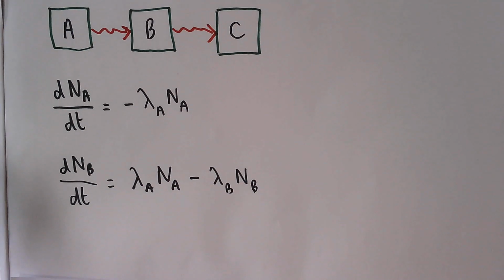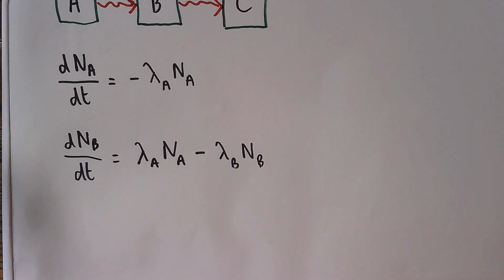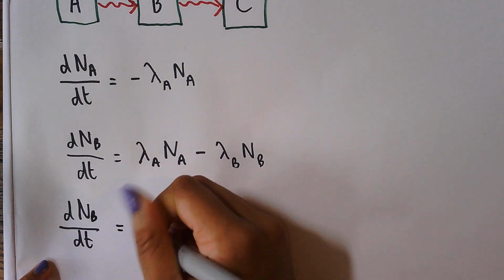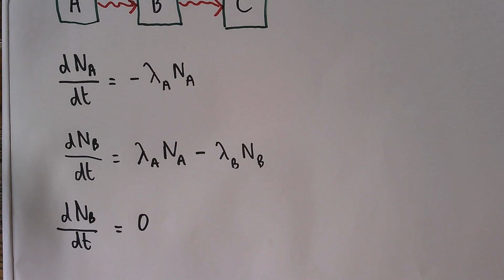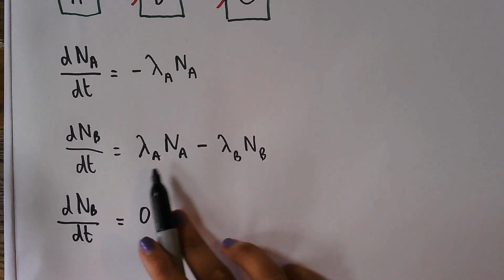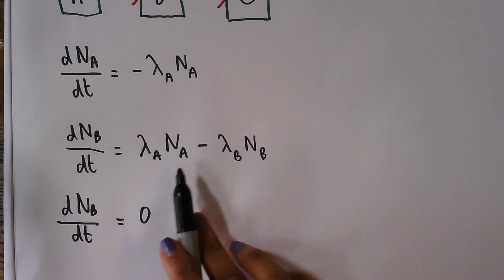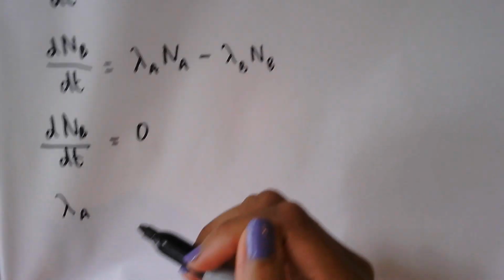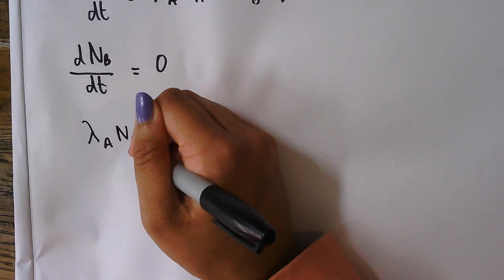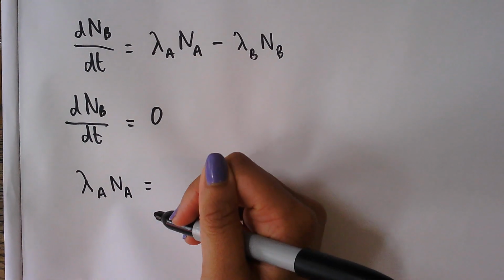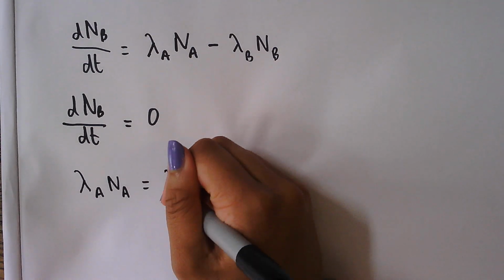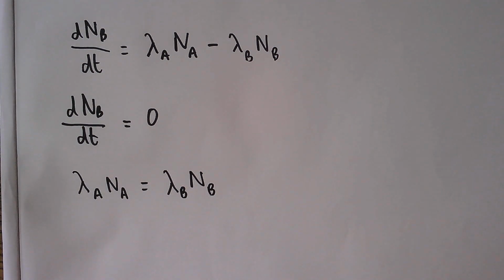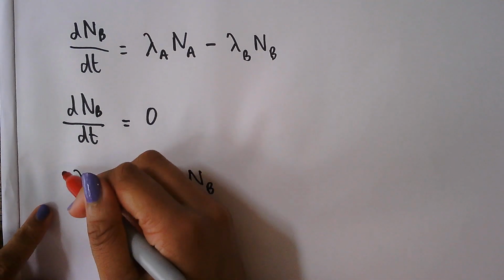And so if the quantity of B remains constant, at this point we can write dNB dt is equal to 0. And obviously if dNB dt is equal to 0, we can see from this equation here that lambda A NA must equal lambda B NB. So that's quite an important equation.